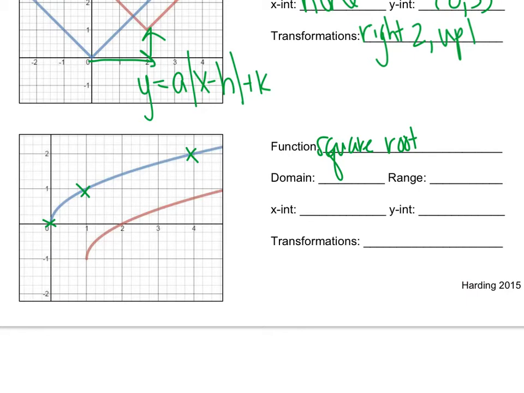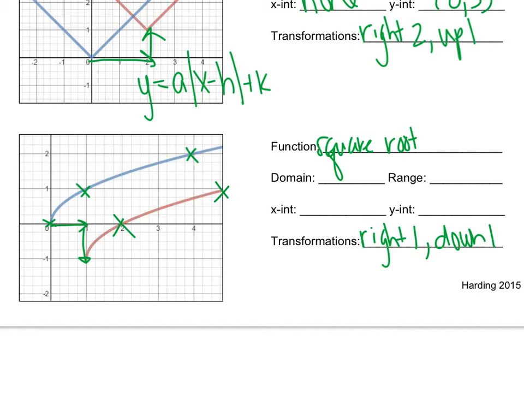Okay. So then let's look at the red graph from the blue graph. How did it change? We went right 1 and down 1. And we don't see that it flipped down, so we don't have to worry about it reflecting over the x-axis. Then just check the 1, 3, 5, and that's the same as well.